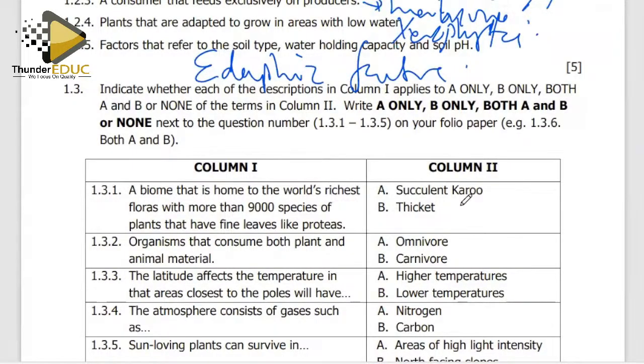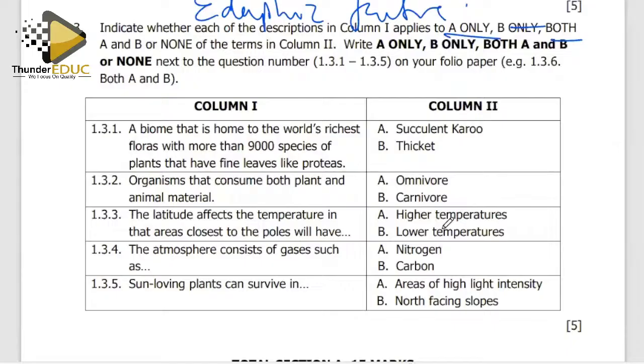Indicate whether each of the descriptions in column 1 applies to A only, B only. Okay, you have to follow the instructions. They are saying a biome that is home to the world's richest flora with more than 9,000 species of plants that have fine leaves like protea.